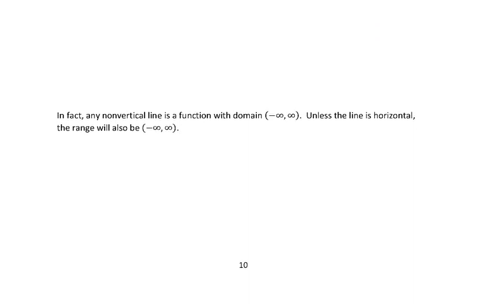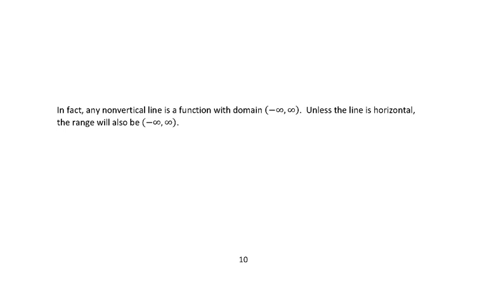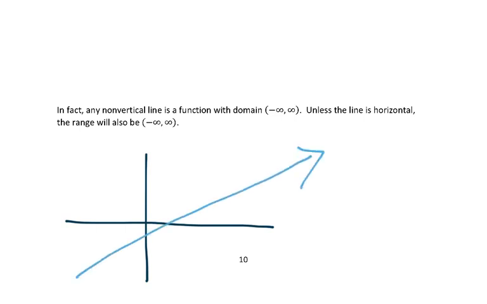And really, this is just what I was saying before. If you take the graph of any line that is not vertical, hopefully it's easy to see that it will pass the vertical line test. Hence, it will be the graph of a function.